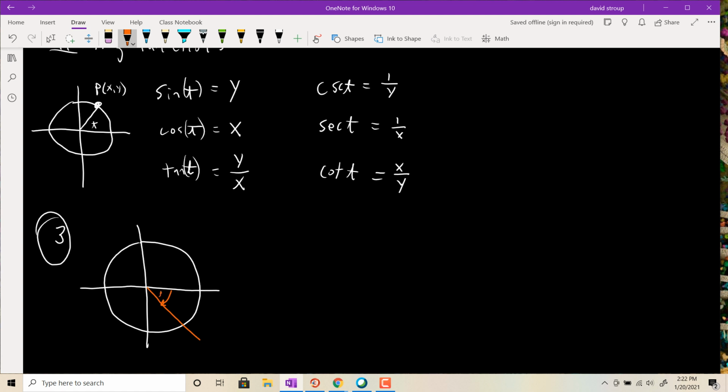It's my angle t. Okay. And we have to figure out the 6 trig functions of that angle. So as always, I'm going to be writing it out in this way. Oh, and they give us a point on this circle right here. The point is radical 2 over 2, and then negative radical 2 over 2.